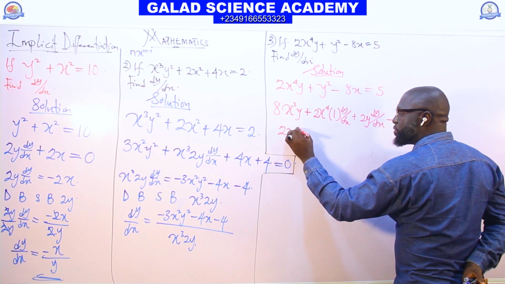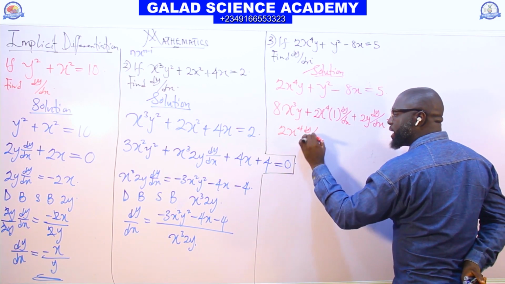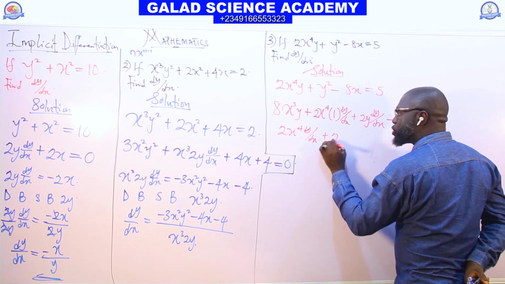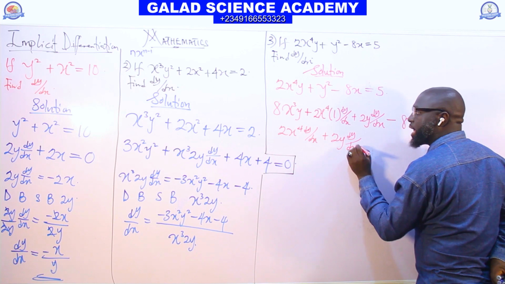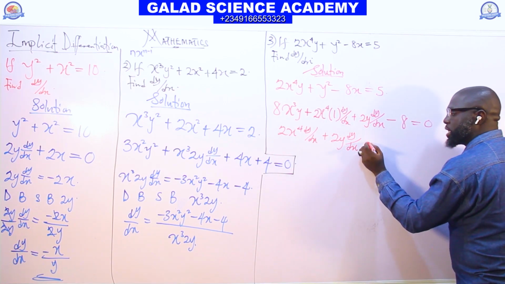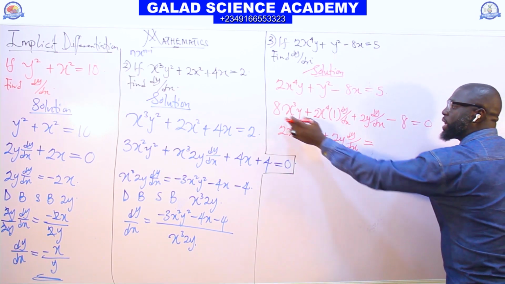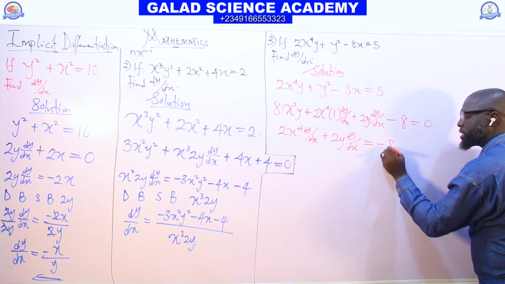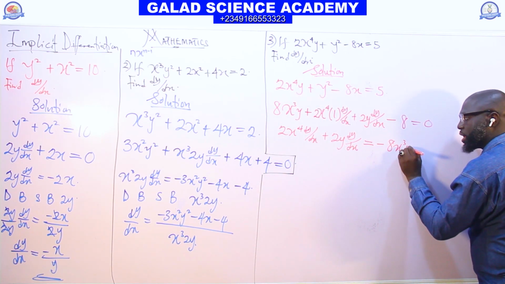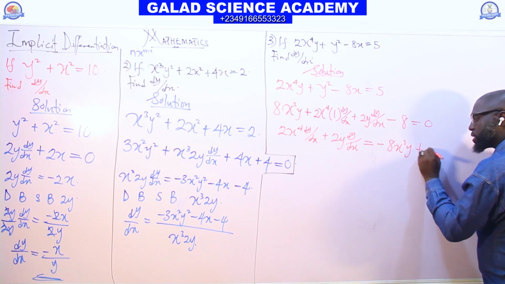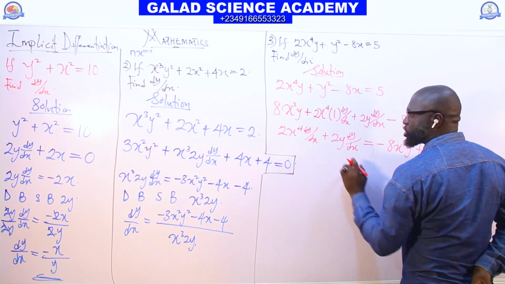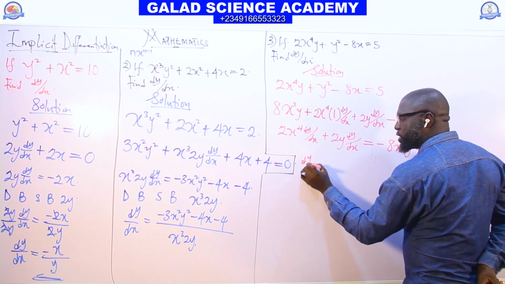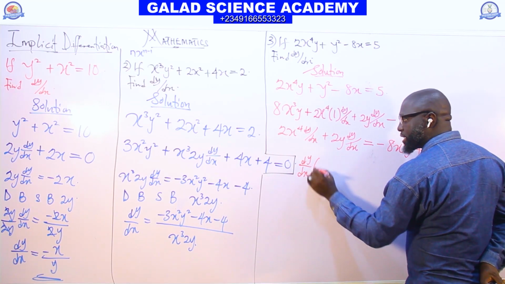2x exponential 4 dy/dx plus 2y dy/dx, this one and this equal to what? When this comes to this side, it will become minus 8x exponential 3y. This will become plus 8. Please take this out as common factor. We have dy/dx.